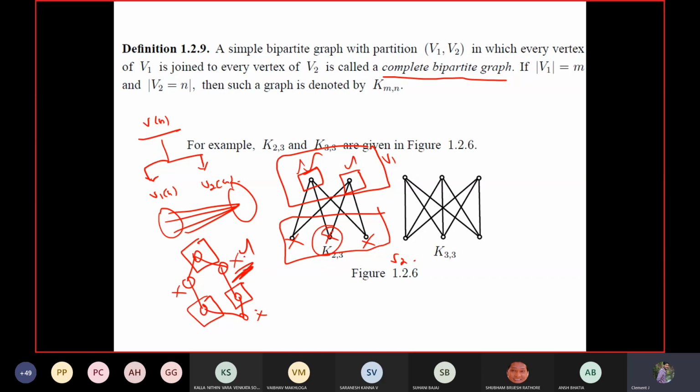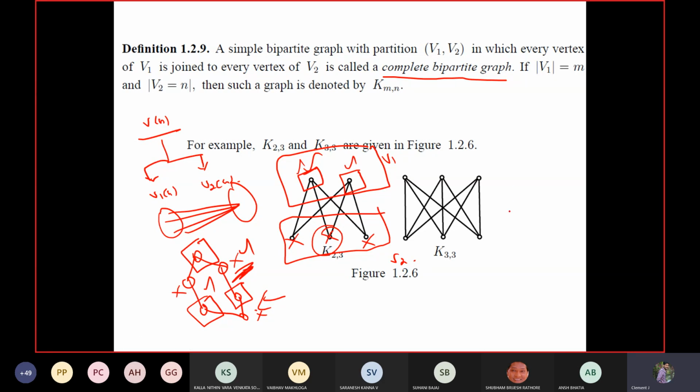It is missing. Can I call this graph a complete bipartite graph? No, sir. No, because it is not connected with all the vertices of the other set. So that's the definition.